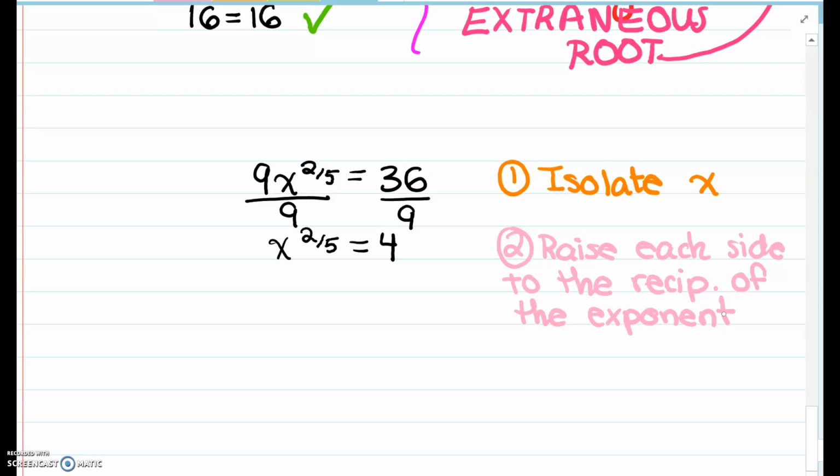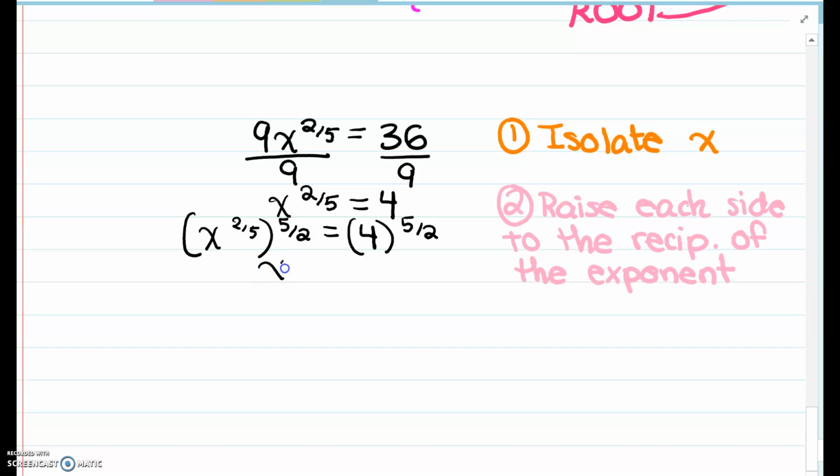And by doing this, it's going to cancel out the exponent on one side of the equation. So, let us do that. x to the 2/5 raised to the reciprocal, which is 5/2, equals 4 raised to 5/2.